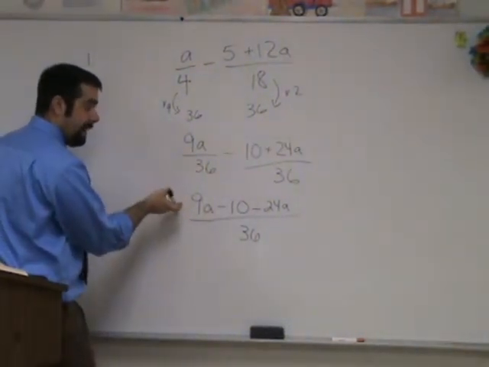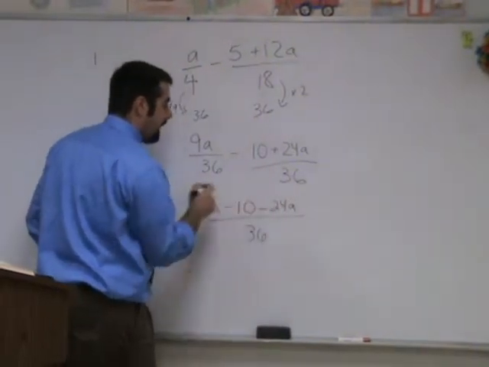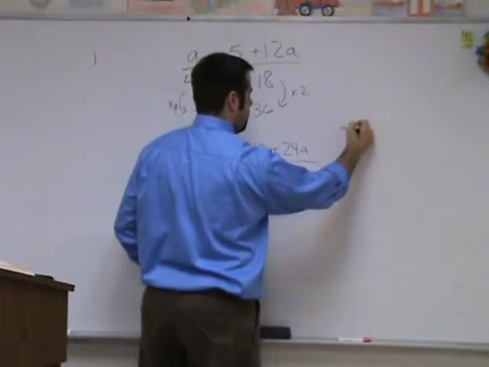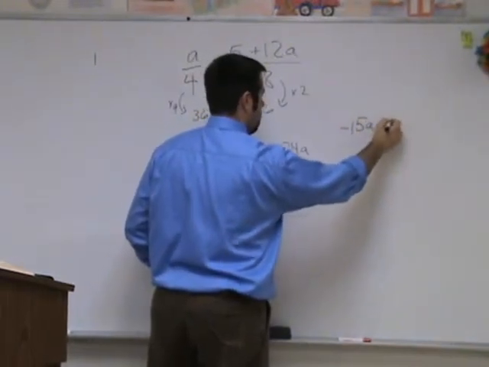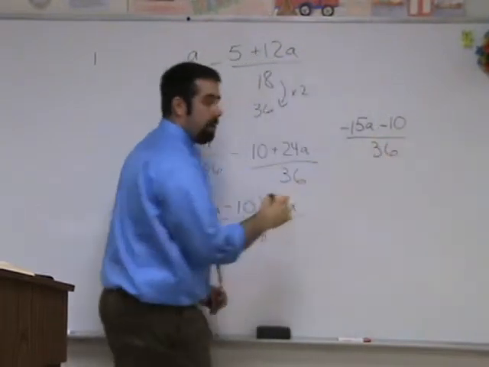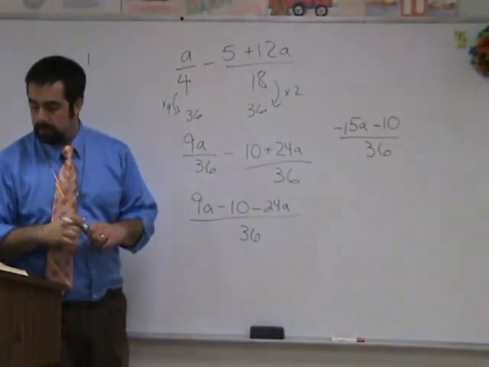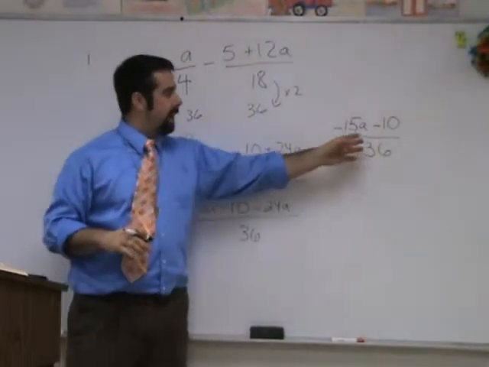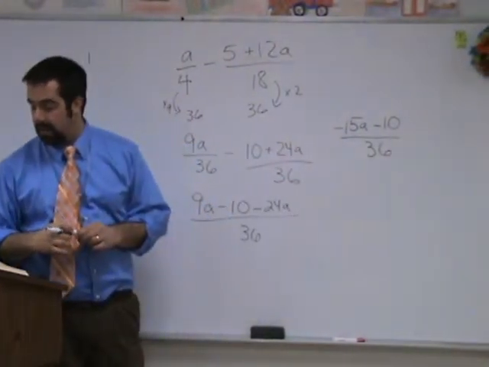All right, so I have like terms, a positive 9 and a negative 24. So that's going to be minus 15a minus 10 over 36. Okay, am I done? All right, hopefully we recognize that I do have a little bit more factoring I could do, right?